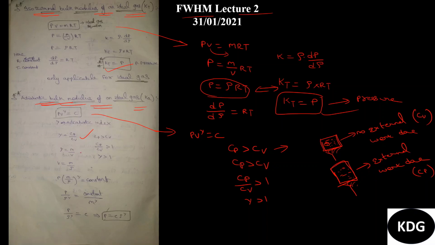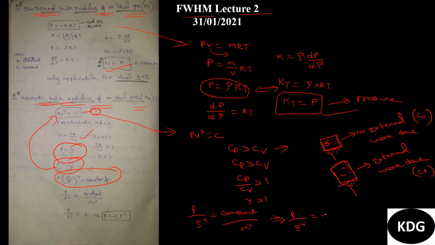Again, density is equal to mass by volume. Rearranging, volume is equal to mass by density. If you substitute this in the first equation, you are going to get this. Again, if you rearrange, P by rho power gamma equals constant by m power gamma, that is, P by rho power gamma equals constant.